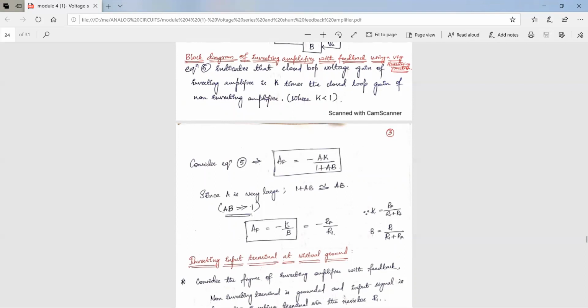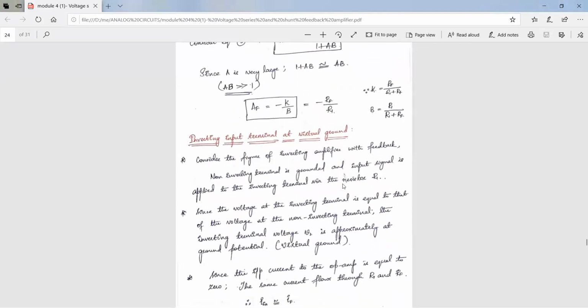A and A will get cancelled in the numerator and the denominator, and substitute the value of K and B as RF by R1 plus RF for K, and R1 by R1 plus RF for B, and the resulting gain with feedback will be equal to minus RF by R1 because it is an inverting amplifier.